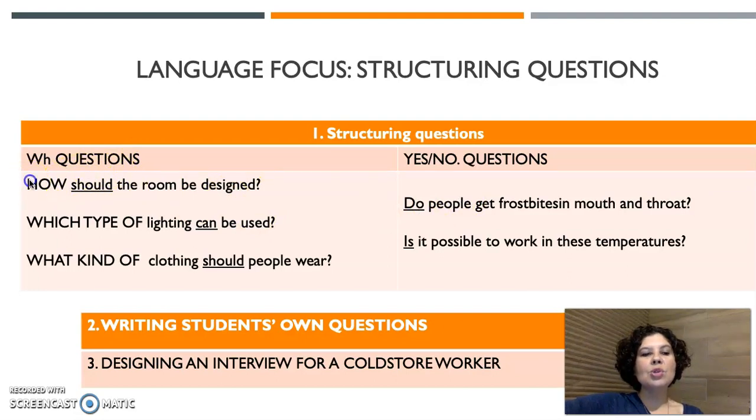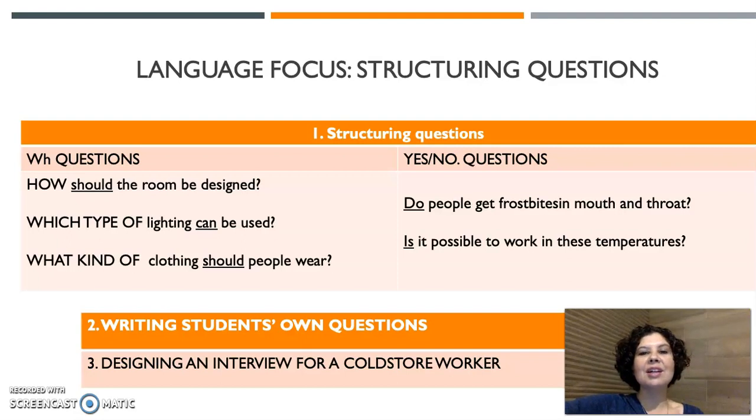We know that we use first the WH question and then the auxiliary. And we know that in order to begin a yes/no question, we need to begin by using the auxiliary. Students need to realize about this because they need to improve the way they structure the questions.